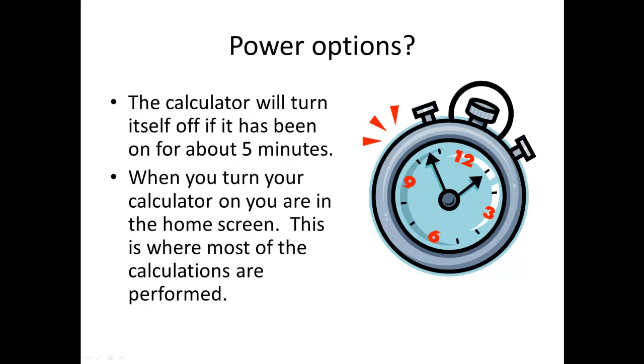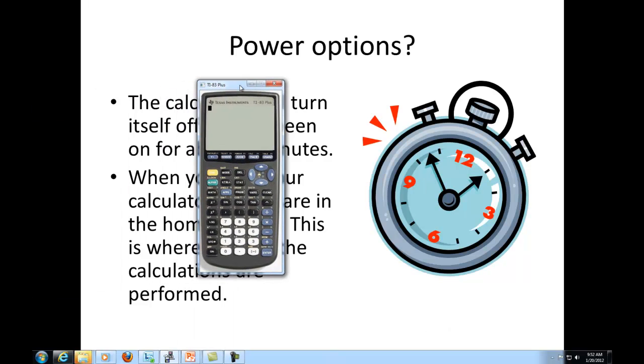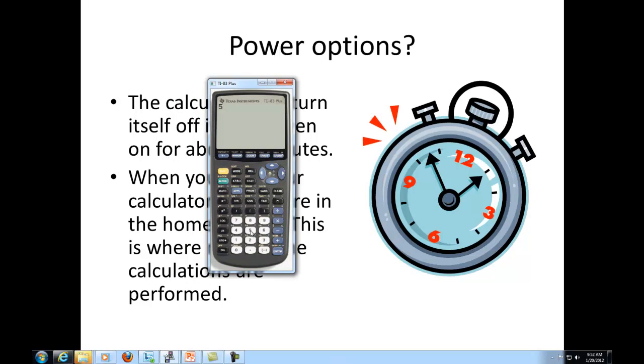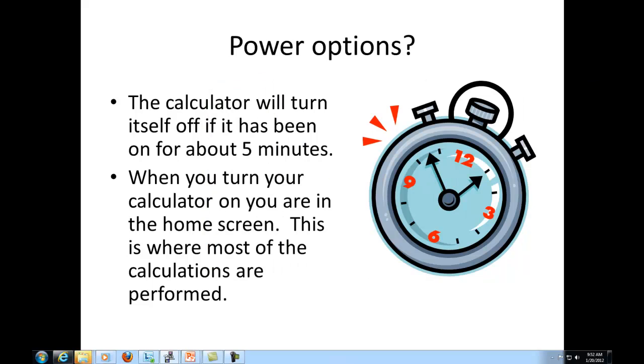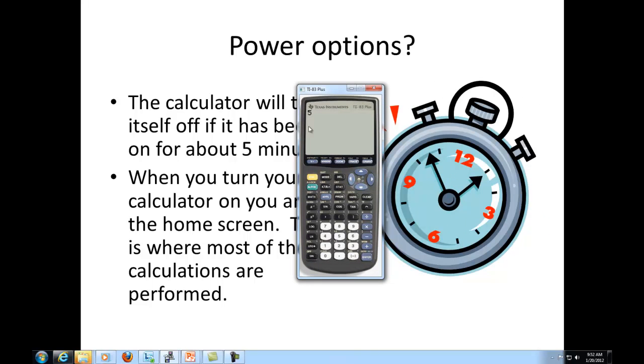Now, one thing about the power off feature, if you have some things that you've been working on your screen and you do power it off, it's going to stay in memory. So once you turn the calculator back on, those things will still be back up on the screen.